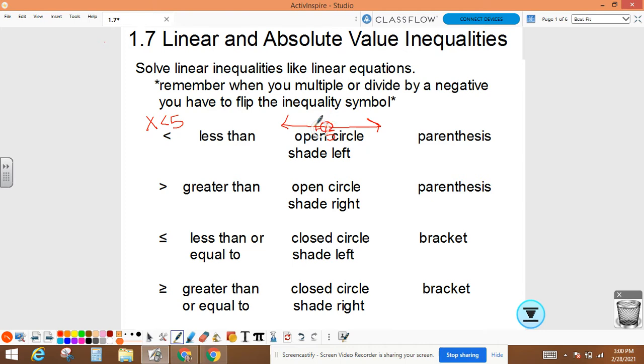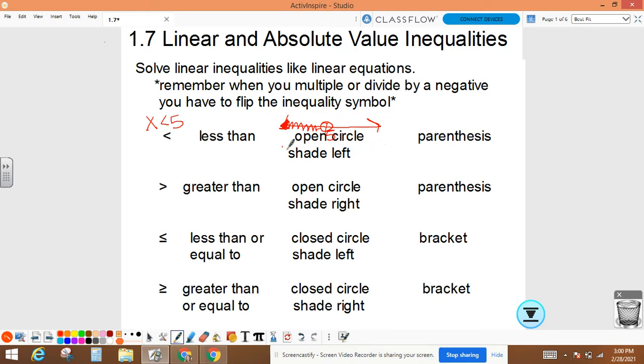And since it says less than, I would shade towards smaller numbers, so to the left. For interval notation, we use a parenthesis if there is a less than or a greater than without an equal to. Anytime you would use an open circle, you're going to use a parenthesis for your interval notation.